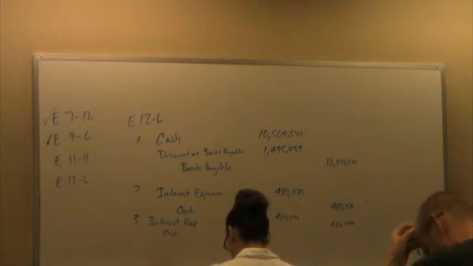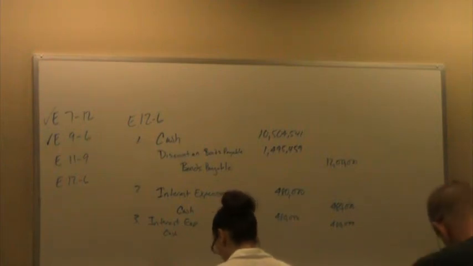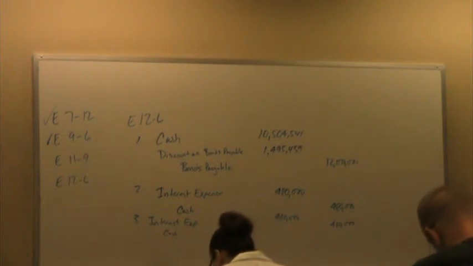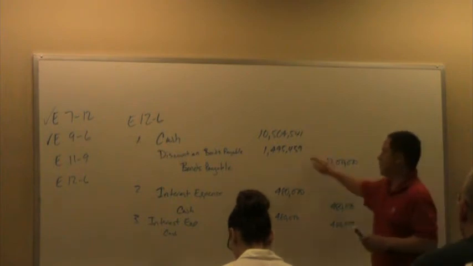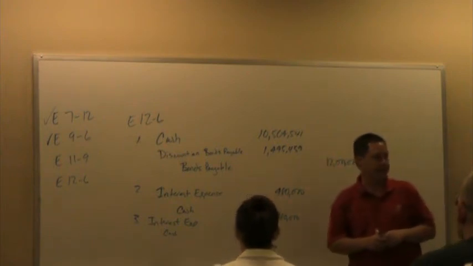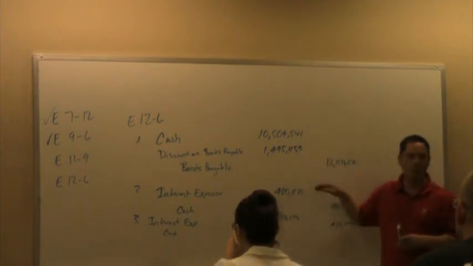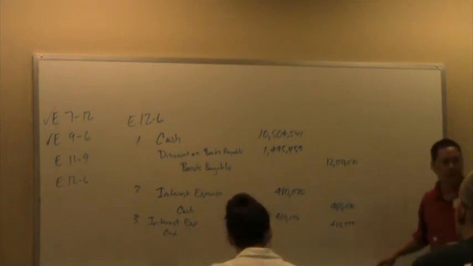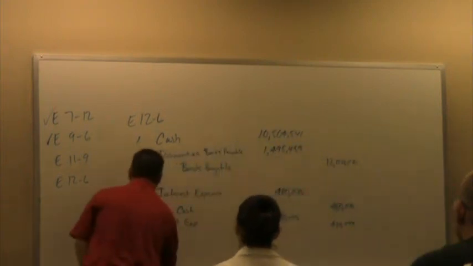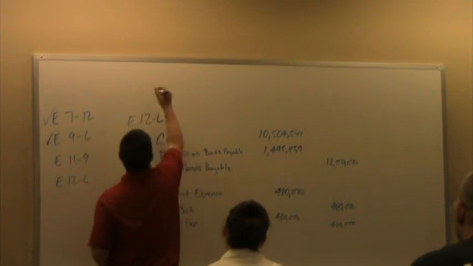Now, lastly, what we'll have to do is our amortization of the discount at the end of the year using the straight line method. So we have to start taking away from that discount on bonds payable. We have a debit balance, so we're going to credit it here. I'm going to put it way up here.